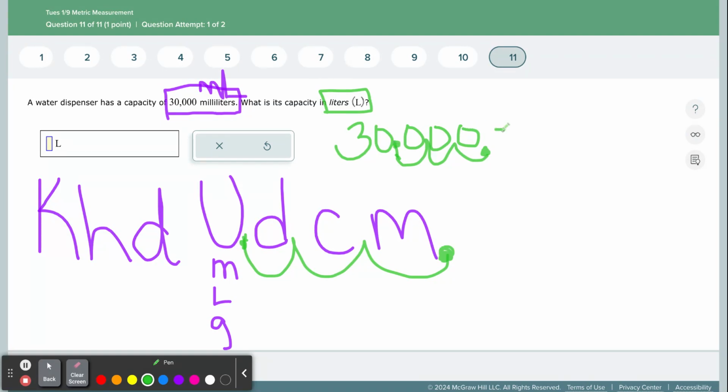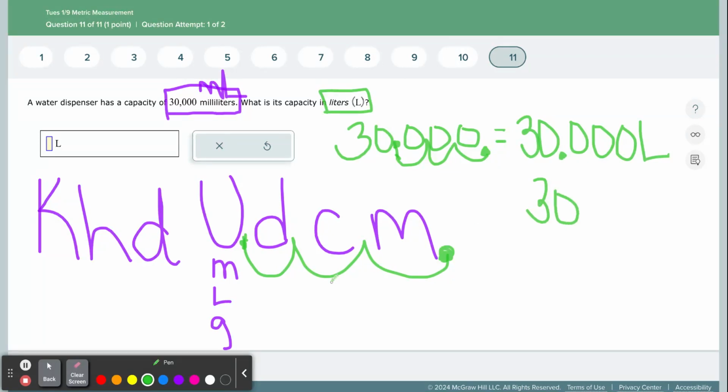So technically, 30,000 milliliters is the same thing as 30 liters. Or if you really wanted to, you could keep the zeros behind it, that's fine too. It means the same thing, but technically it's just 30.